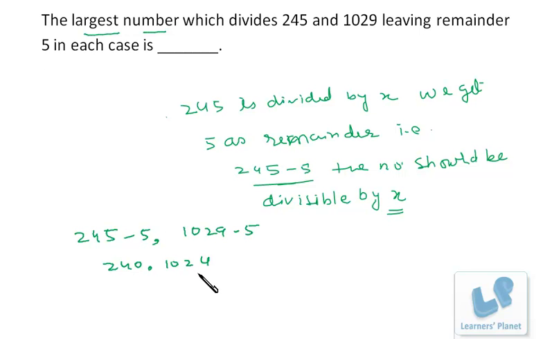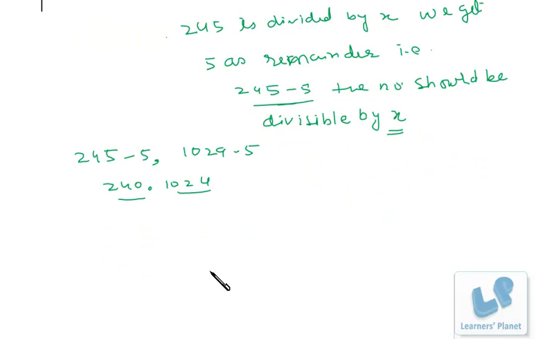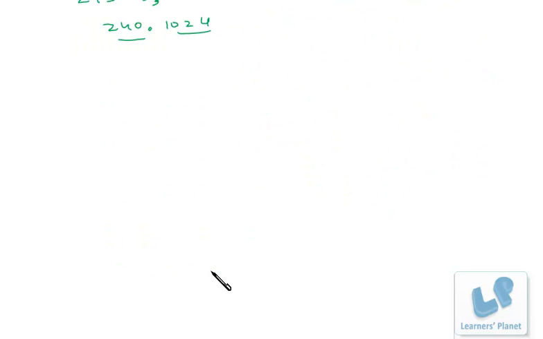That means we have to find the HCF of these two numbers. Getting my point? So we have to calculate the HCF of 240 and 1024. Now we can choose any method, either prime factorization or division method, to find their HCF. I just take the division method over here.